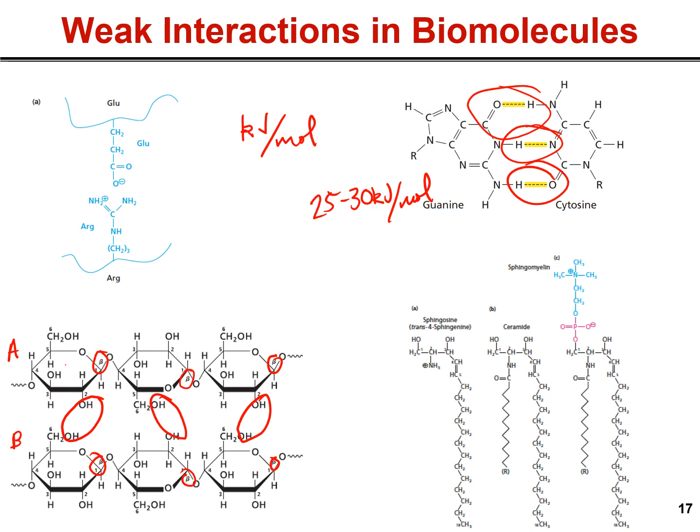Now, a single ion interaction or a charge interaction, a single one of them is going to be fairly weak. However, it will take approximately 40 kilojoules to break 1 mole of that interaction.